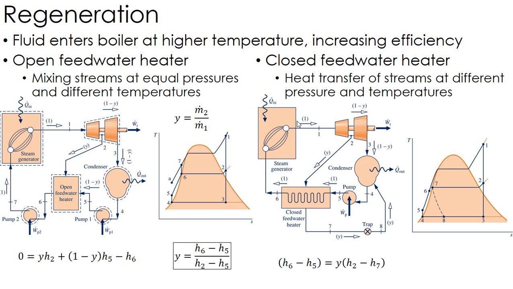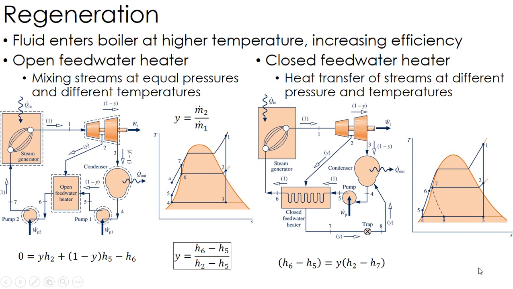So once you set your states, again, looking at the feed water heater, basically the heat transfer into stream 5 to 6 equals the heat transfer out of stream 2 to 7. Stream 2 to 7, again, is at that y percentage, be it 30% or whatever it is.